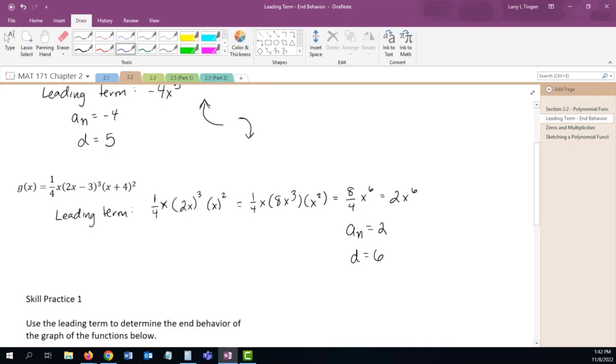It does look weird because it looks like it should be 5, but remember this x right here is x to the first. So 3 and 2 is 5, but then you have to add that one in there too, which makes it 6. So even and the leading coefficient is positive.